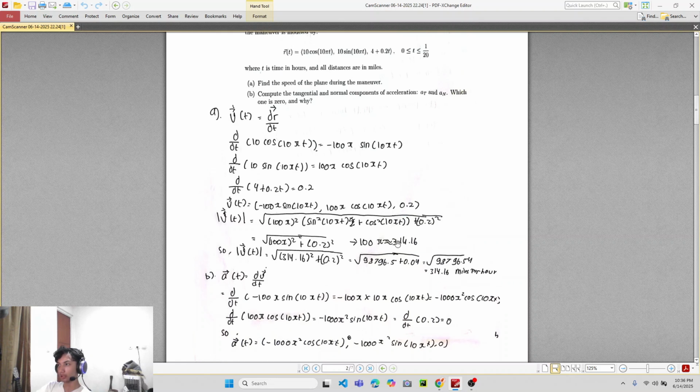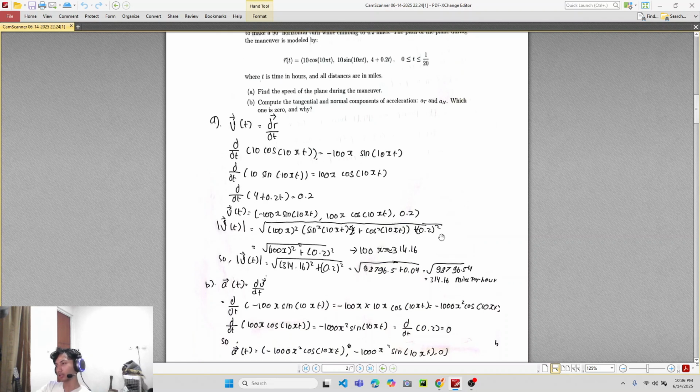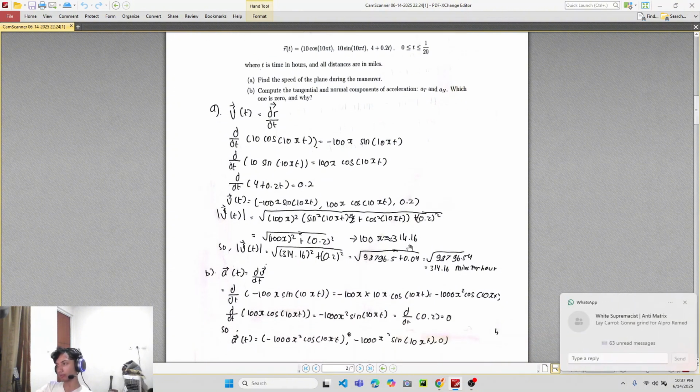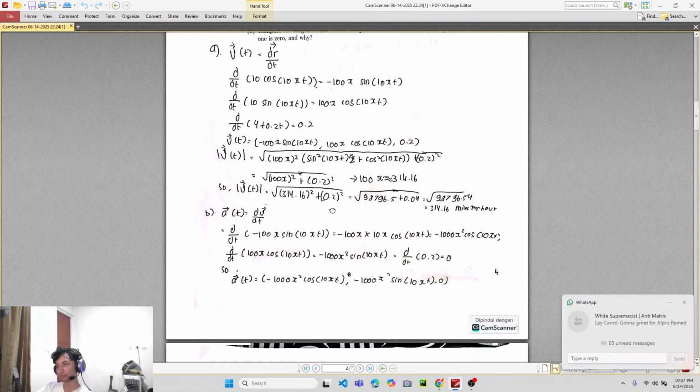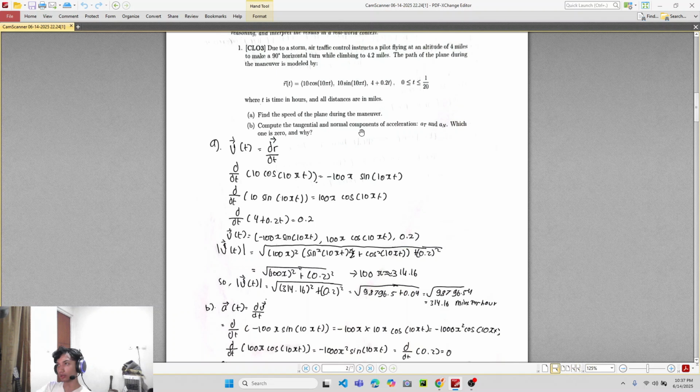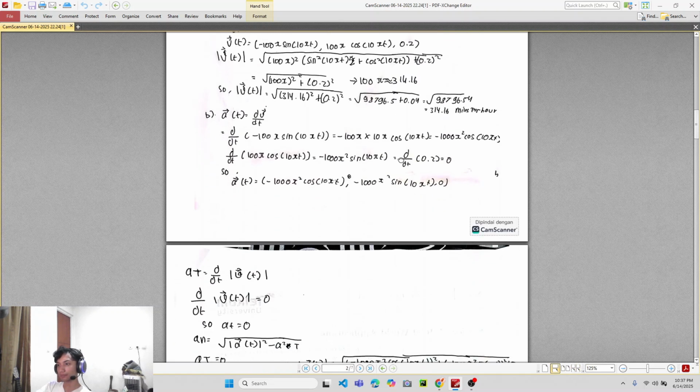So π here is 3.14, so it will approximately be 314.16. And then for part b, we need to find the tangential and normal components of acceleration, a_T and a_N.